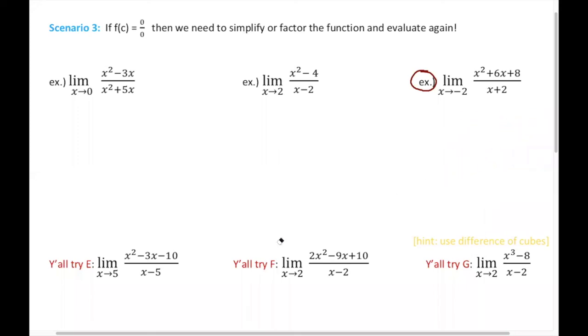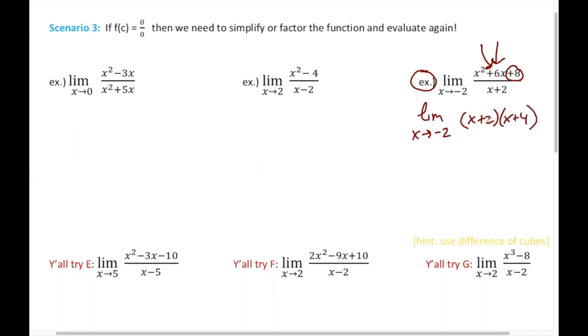All right, so by factoring this out, let's see what we got cooking here. This is a trinomial, so that means I need two numbers that multiply to give us +8 and add to give us +6 in the middle. So I'm thinking 4 and 2. So I have the limit as x approaches -2 of x plus 2 times x plus 4.